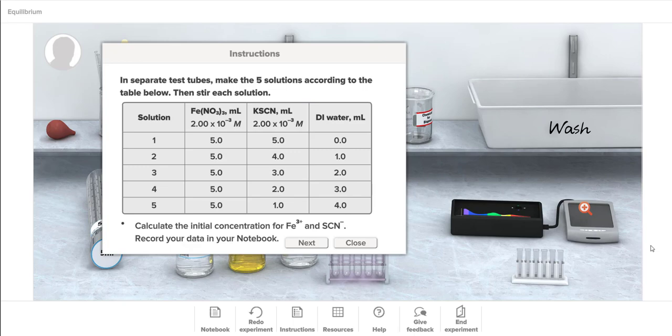If we know what the concentrations of everything is at equilibrium, then we'll be able to fill in an ice table basically and be able to calculate what Kc is, the equilibrium constant. So we're making 5 solutions as follows.